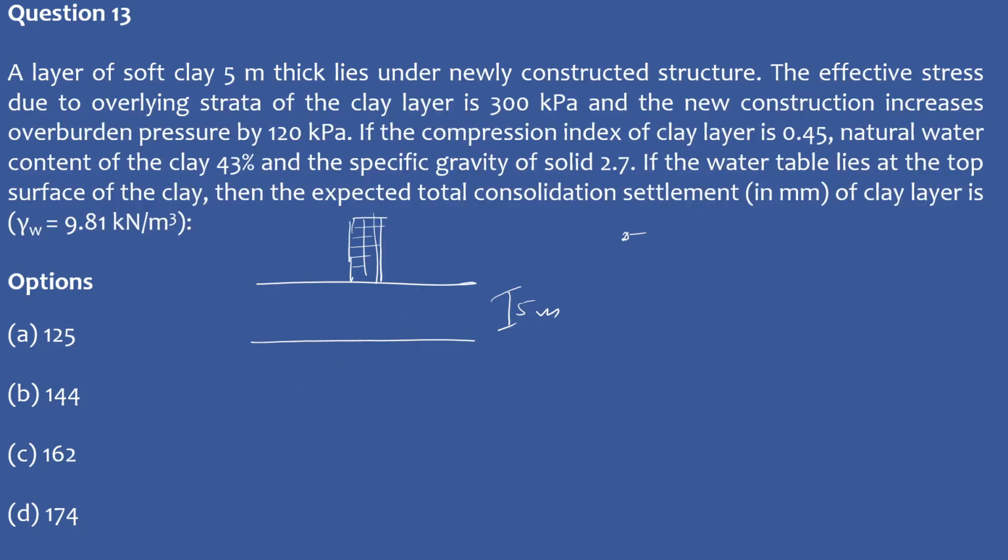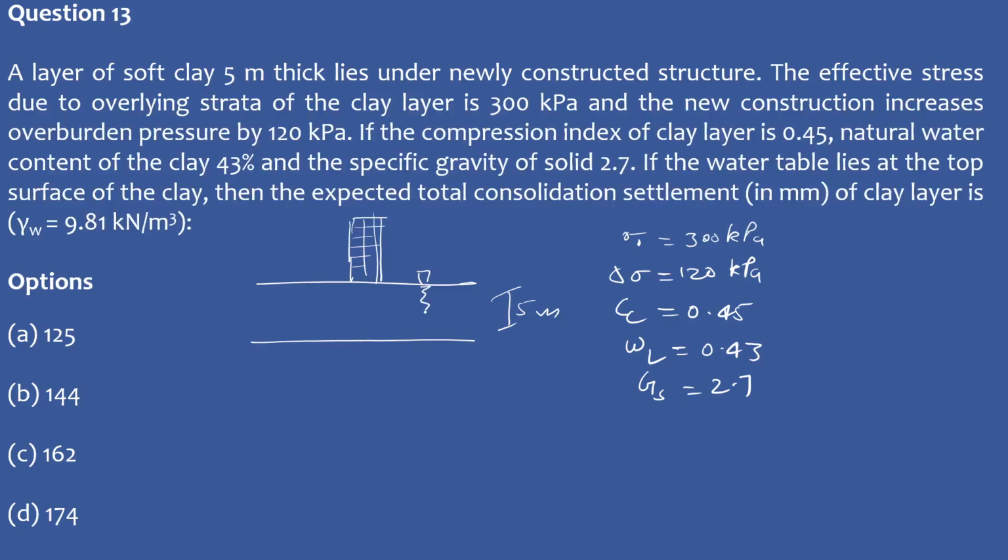Sigma naught is given to you directly, which is 300 kPa, and delta sigma is given to you, which is 120 kPa. Compression index is given to you, equals to 0.45, and natural water content is given to you, which is 0.43. Specific gravity is given to you, which is 2.7.